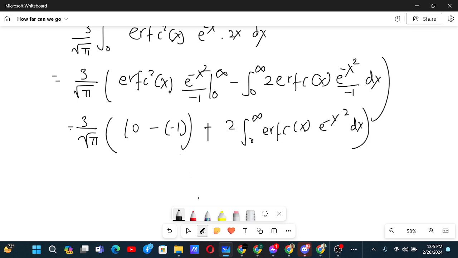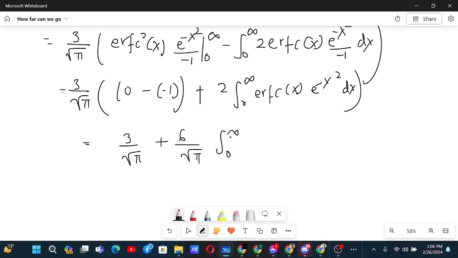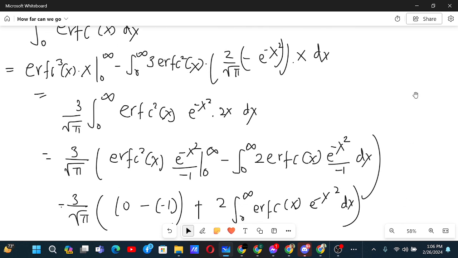Okay, so now we can write this as 3 by root pi plus 6 by root pi times integral from 0 to infinity of erfc x e to the power minus x square dx. And let me check if there's any mistake in the signs.